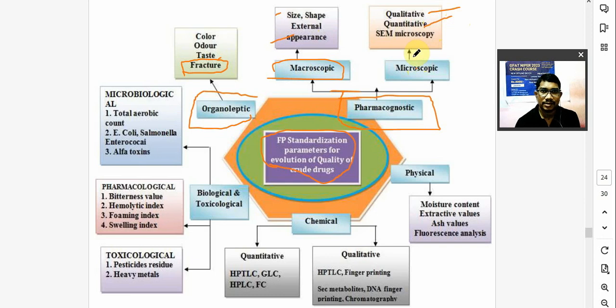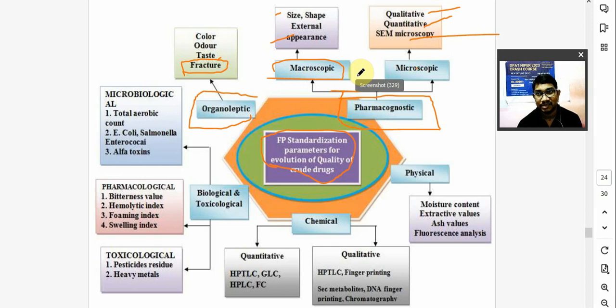Now you can also check the physical parameters, for example moisture content, the presence of water in the crude drugs. That is important because presence of moisture will facilitate decomposition of your crude drugs. जब water present होगा तो hydrolysis, active content का hydrolysis भी हो सकता है.